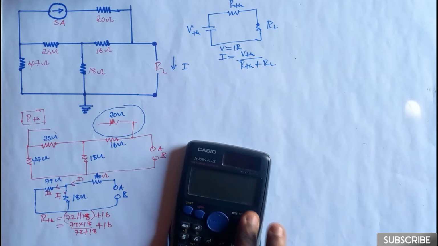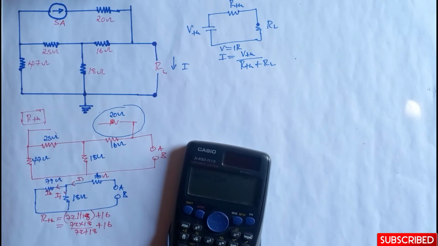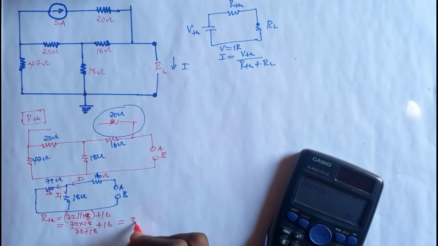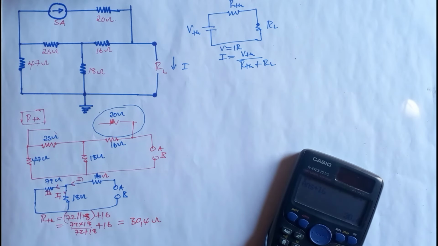If you take a calculator, the total resistance is 30.4 ohms. So for RTH, the equivalent resistance, we have 30.4 ohms.